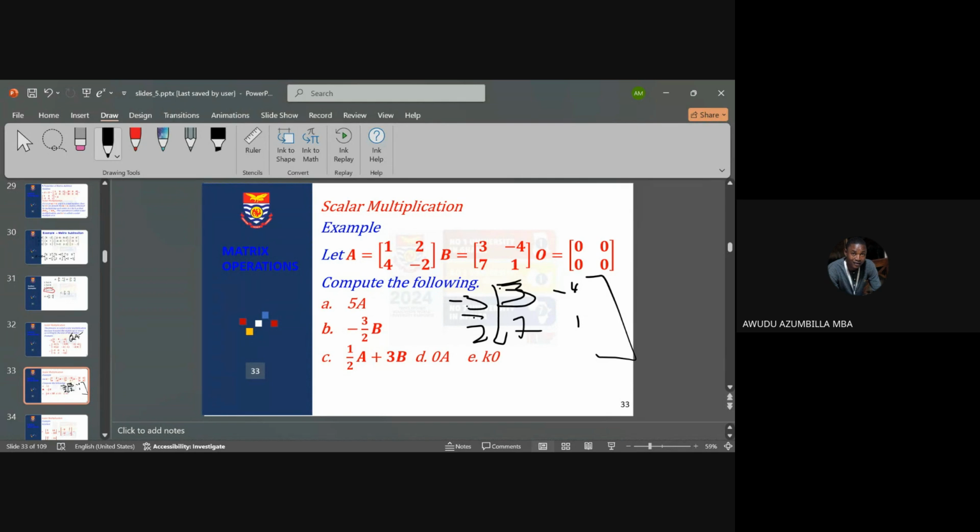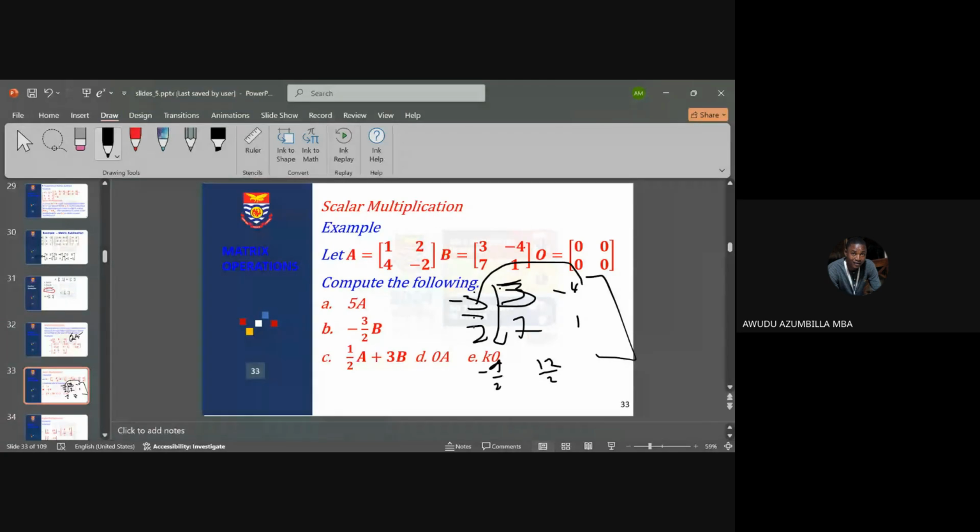So first, if you multiply minus 3 by 3, we are going to get minus 9 over 2. Then you multiply this one by this: minus times minus becomes positive, so you are going to get 12 over 2. So you are done with this.